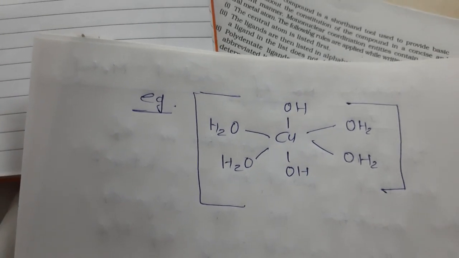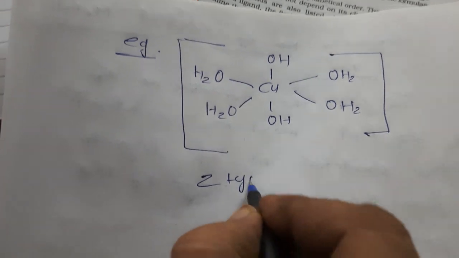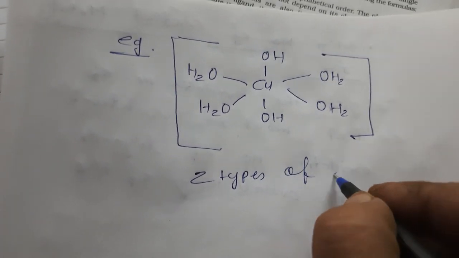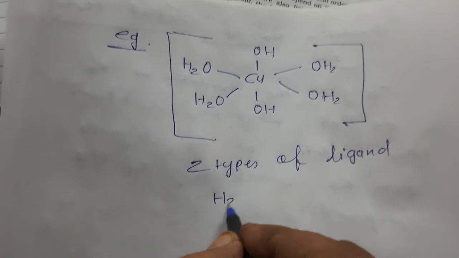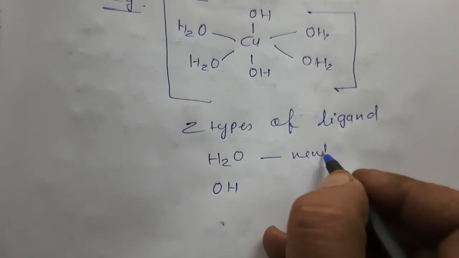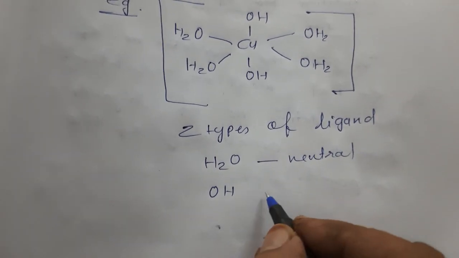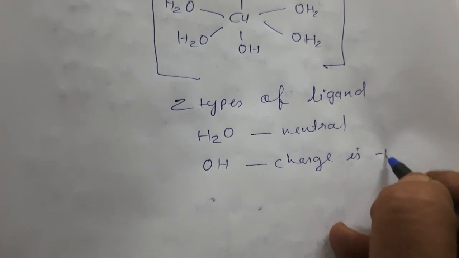So how to find the oxidation number? There are two types of ligands, H2O and OH. H2O is neutral and OH charge is -1.